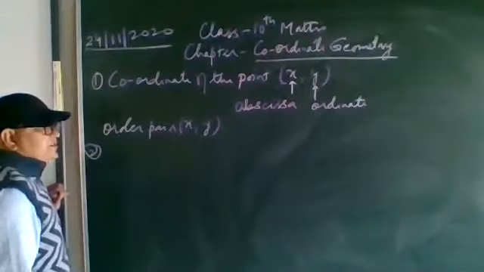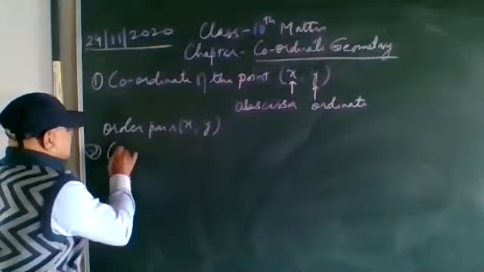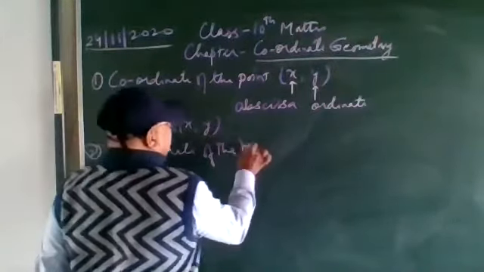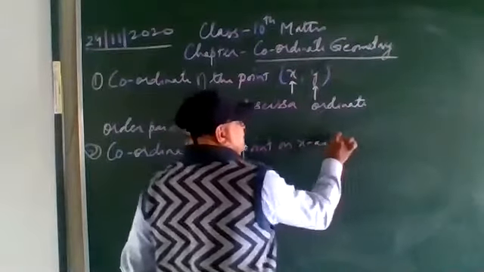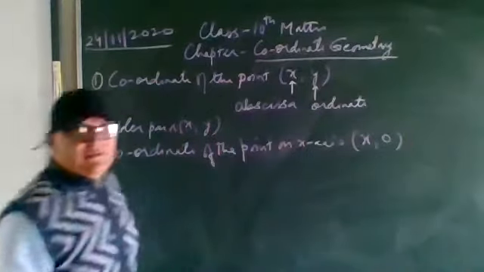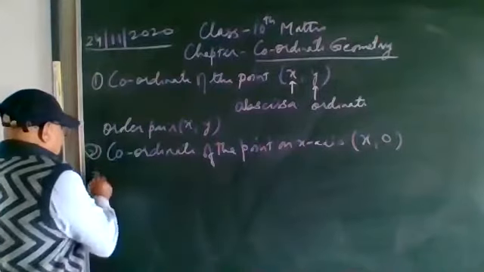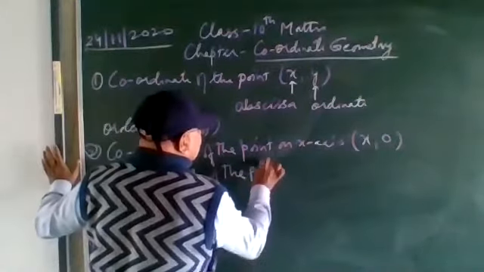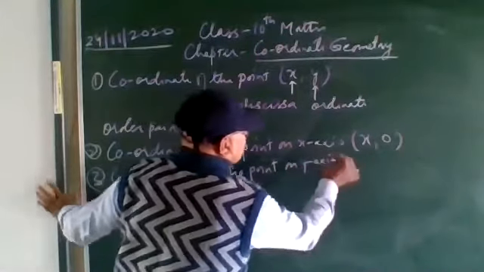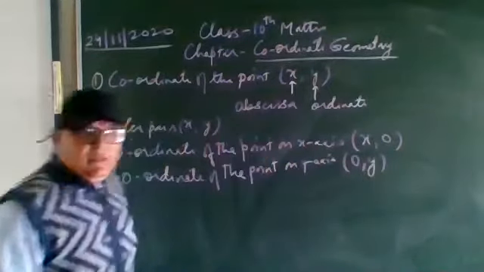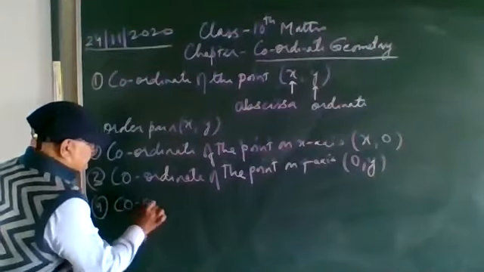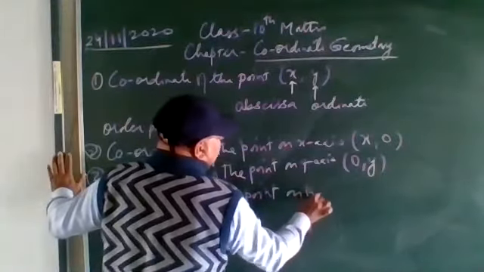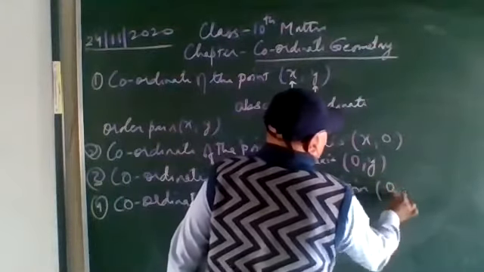Second thing, the coordinates of a point on the x-axis are x, 0. Third, the coordinates of a point on the y-axis are 0, y. Fourth, the coordinates of the origin are 0, 0.